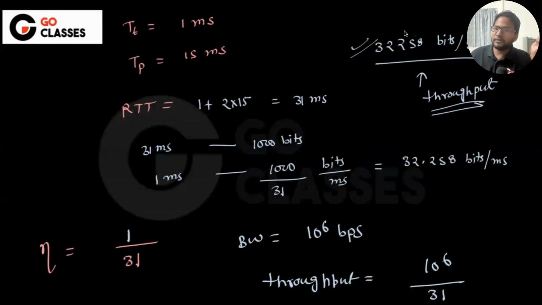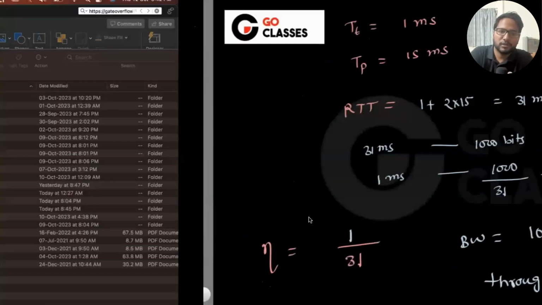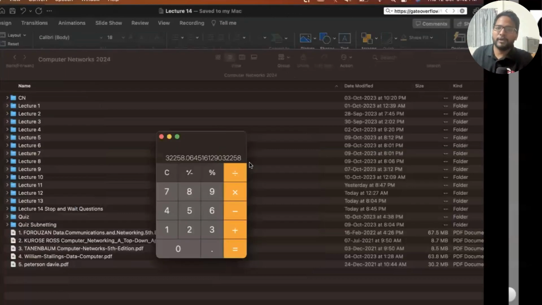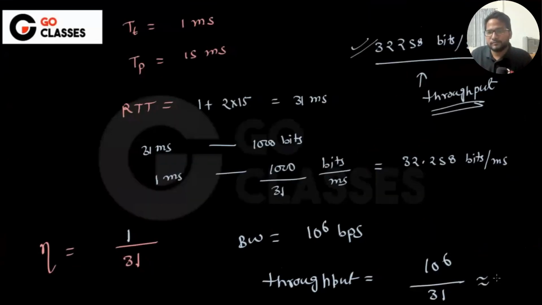I mean, you will be getting approximately the same number. Okay. So 10 to the power 6 upon 31, 32258, right? Something like this.